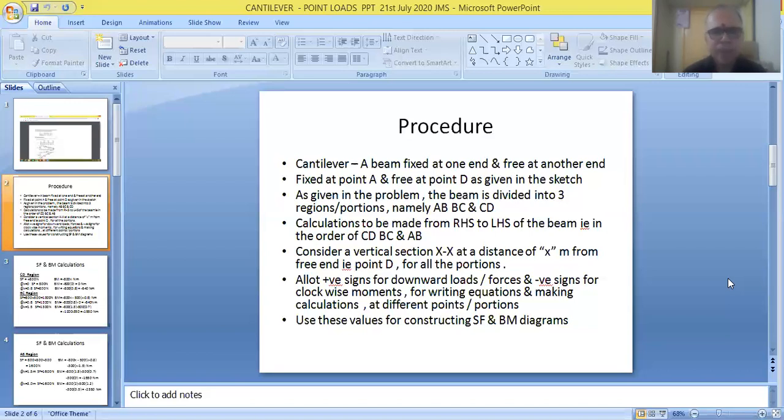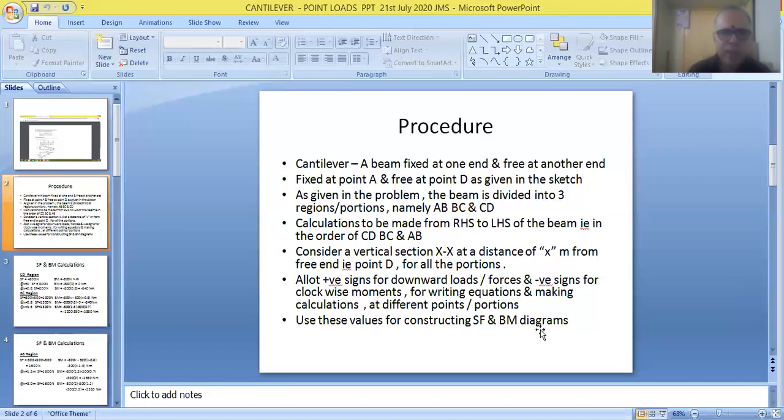And friends, we have to make calculations. For making calculations, it is better to begin from the right hand side of the beam and proceed on to the left hand side of the beam. So we have to move in the reverse direction.